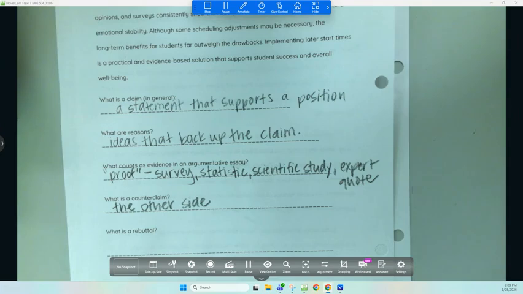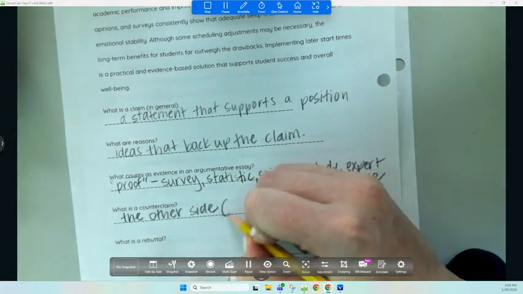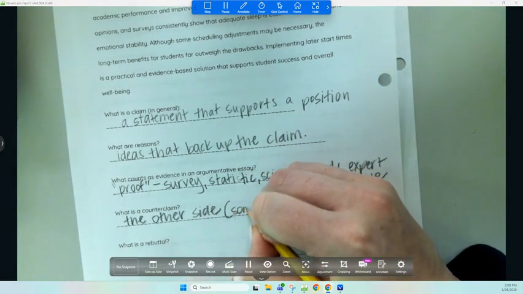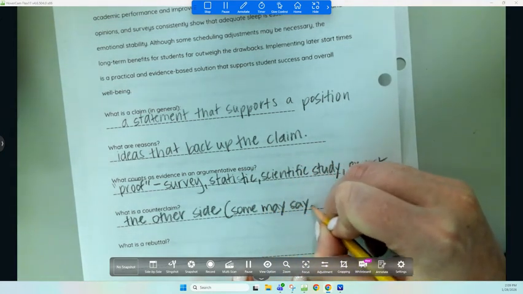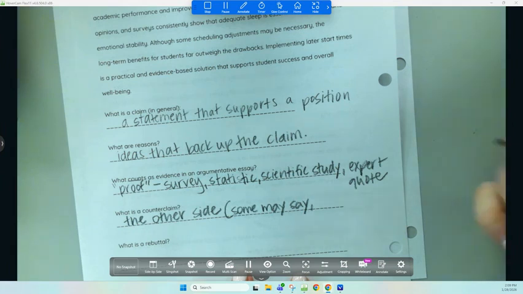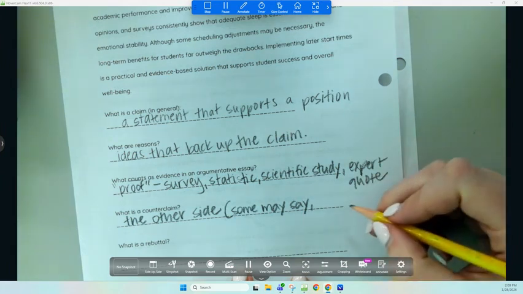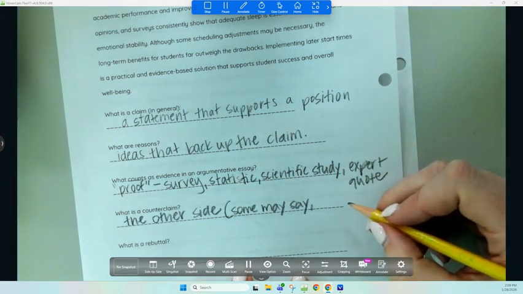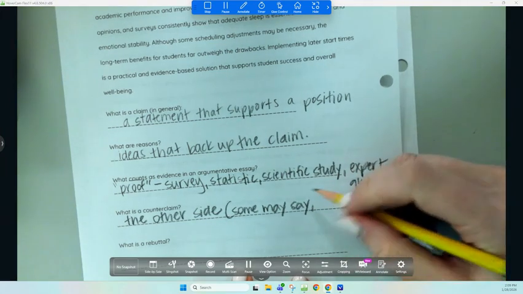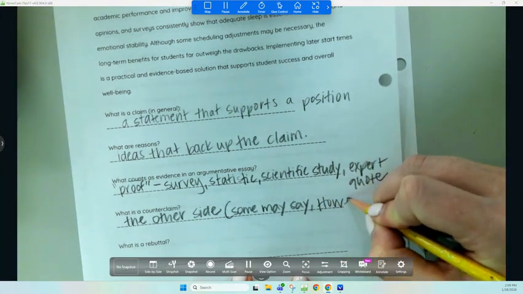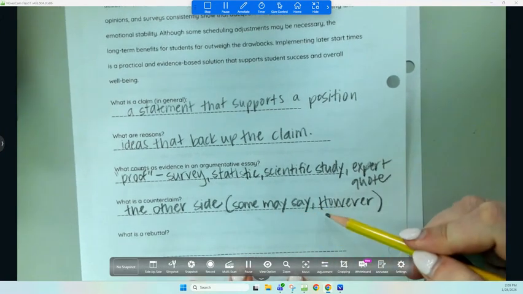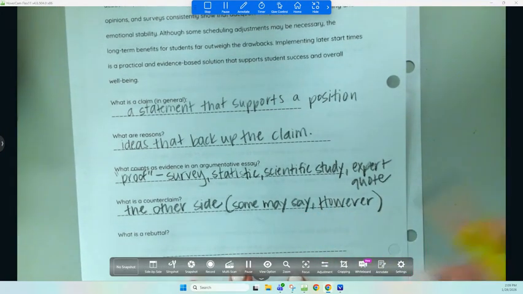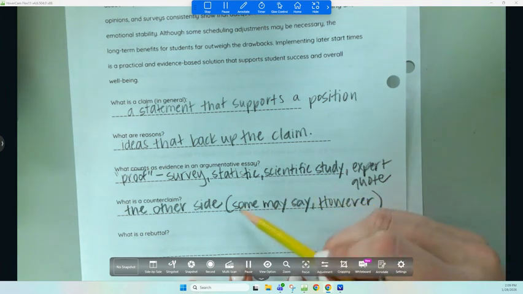A lot of times it starts with like, some may say, or it also might start with however. That's what I've seen. So if you see these words, especially closer to the bottom of the essay, that's usually where you will find it.